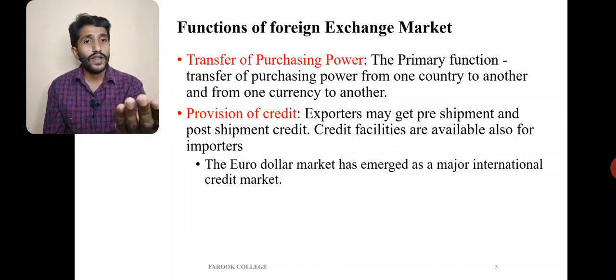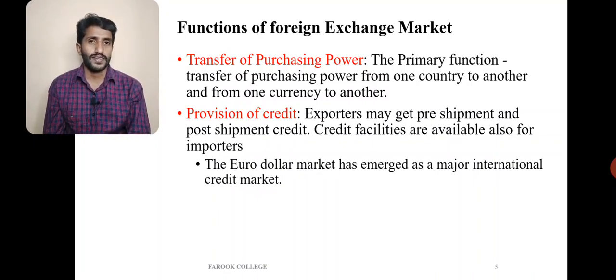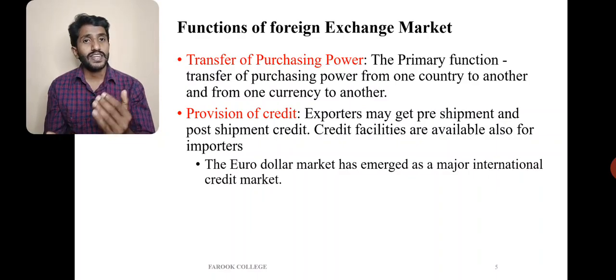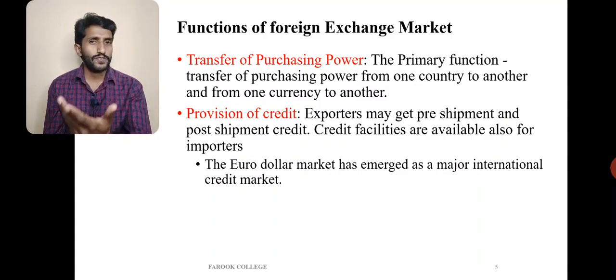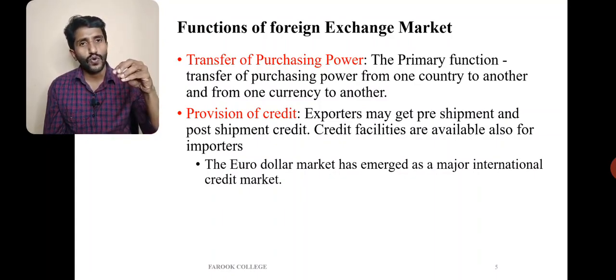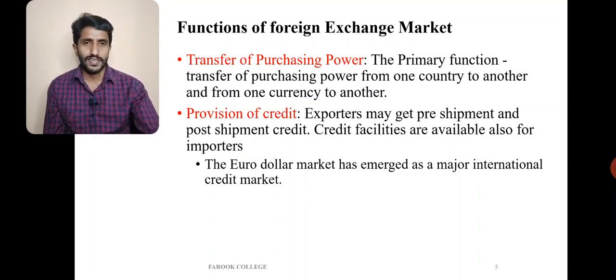That's why it is known as the euro dollar market. This is the biggest market which gives credit to exporters and importers. So the provision of credit or loans for import or export purposes is also a function of the foreign exchange market.